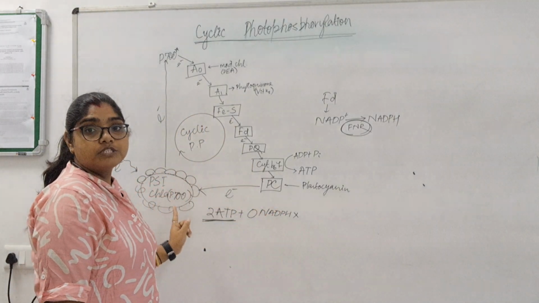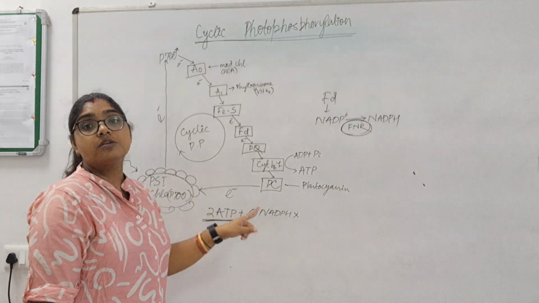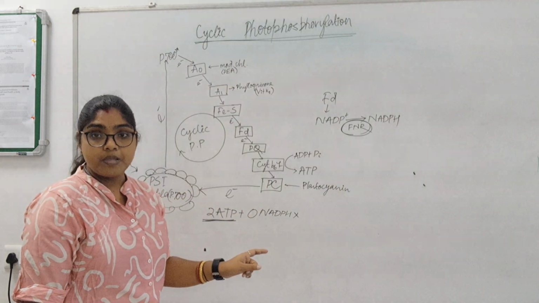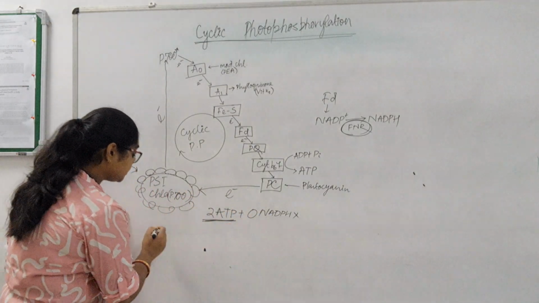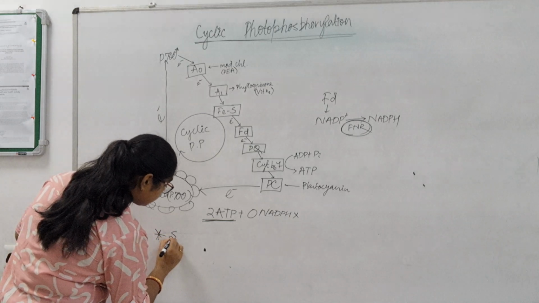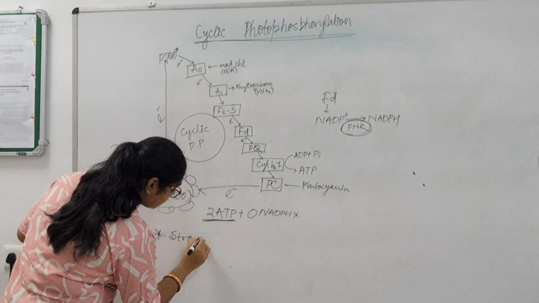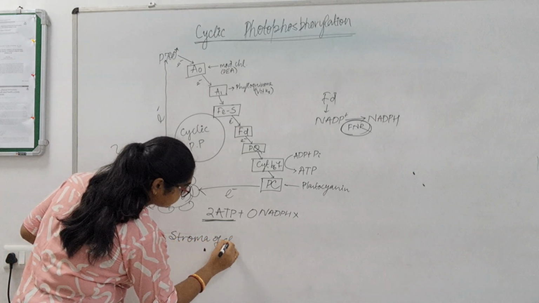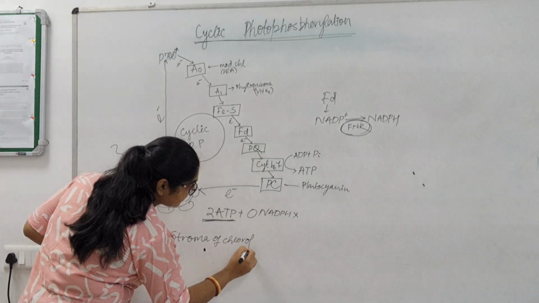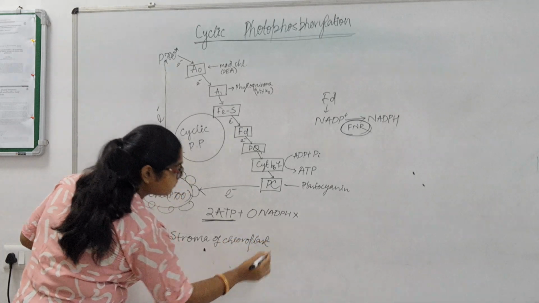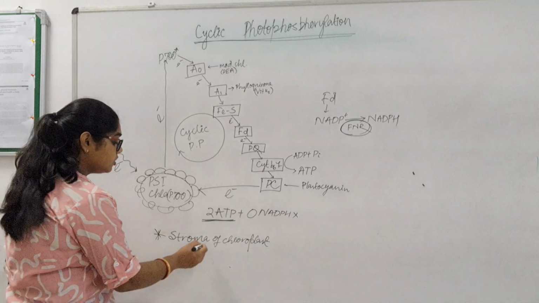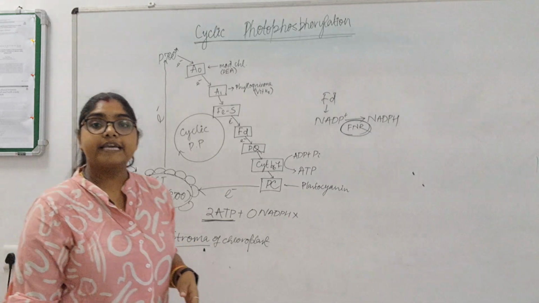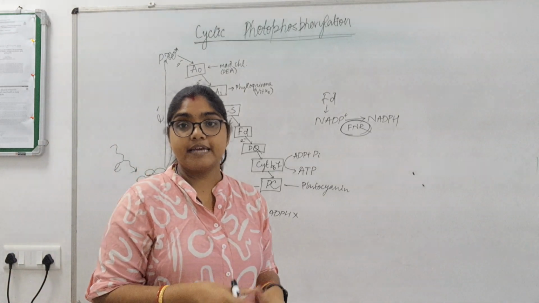It only involves photosystem 1, and only photosystem 1 is available in stroma. That's why it takes place there. The location is the stroma of the chloroplast. So cyclic photophosphorylation takes place in the stroma, and non-cyclic photophosphorylation takes place in the grana.